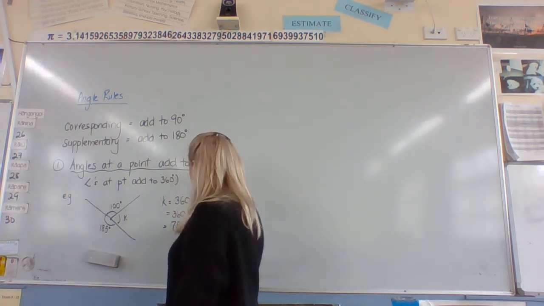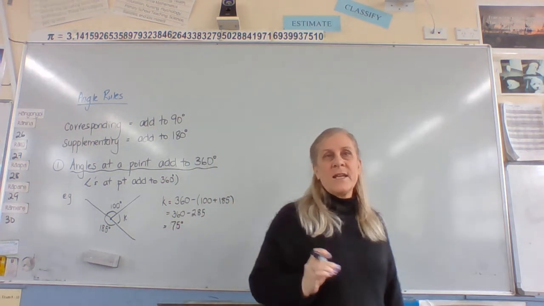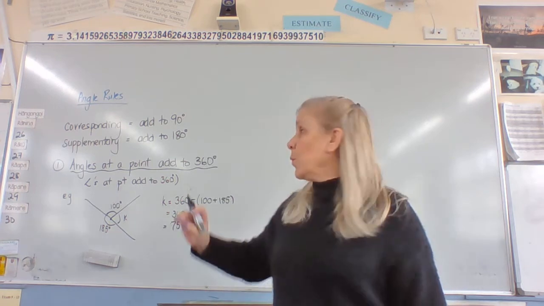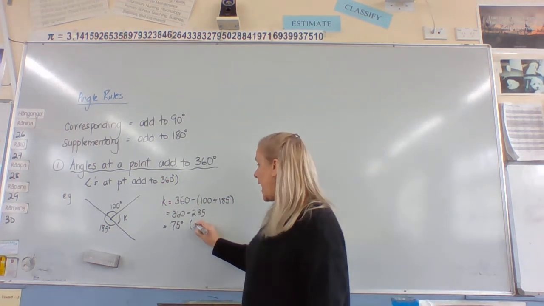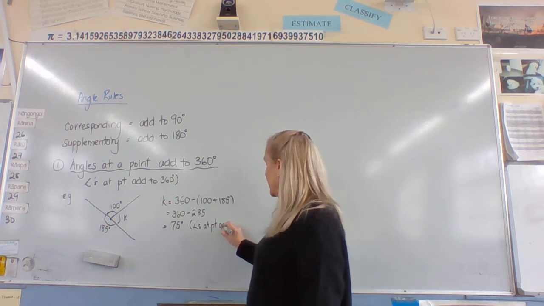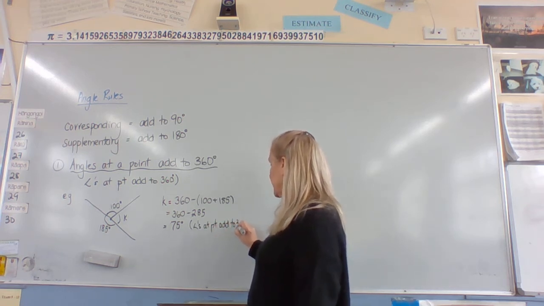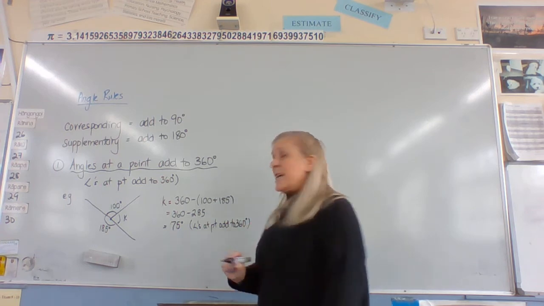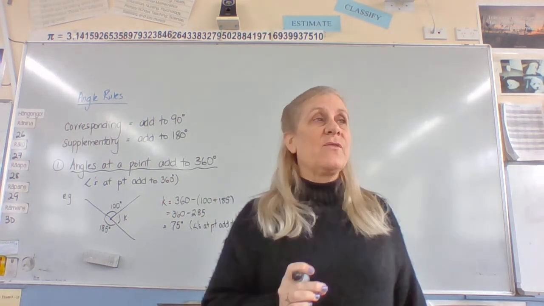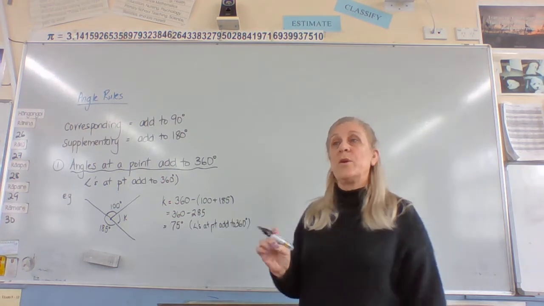Check it. Now, the problem here is that every time we find an angle using a reason, we need to write the reason. So after it, I'm going to write angles at a point, add to 360. Even if it doesn't ask me, I'm going to write that because that is my justification for finding that answer, and it might be worth a merit.